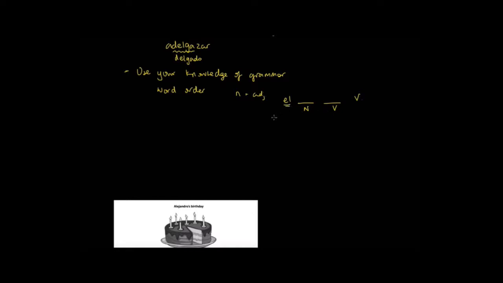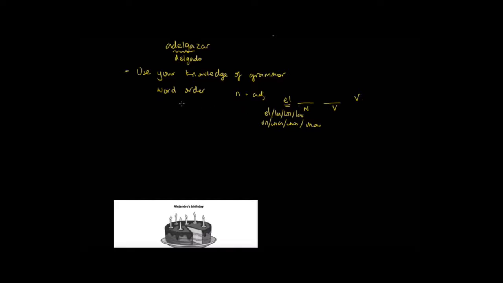Also remember the articles: el, la, los, las. I know they are obvious words. Un, una, unos, unas, so this is a or some. If you find this, it's probably going to be followed by a noun.